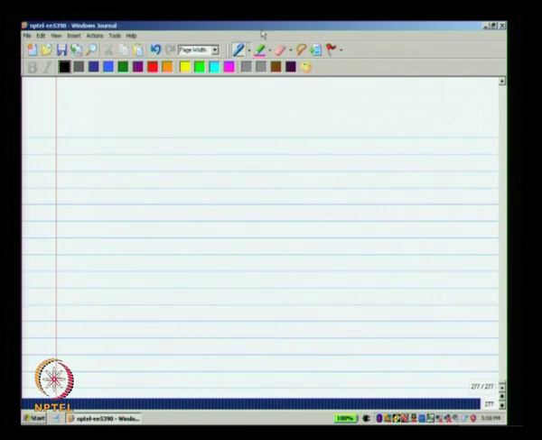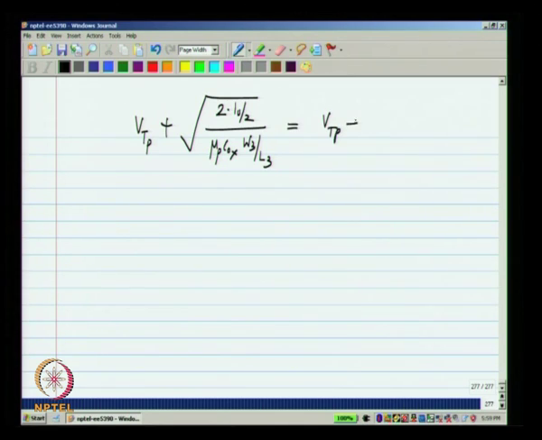What we have to make sure is that both have the same VT, so VTP plus square root of 2 times I0 by 2 divided by mu p Cox W3 by L3 should be equal to VTP plus square root of 2 times I12 divided by mu p Cox W11 by L11.